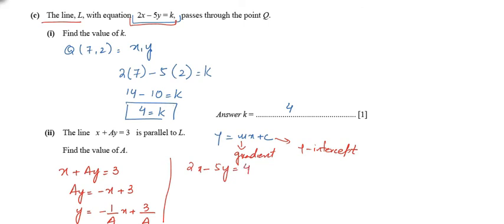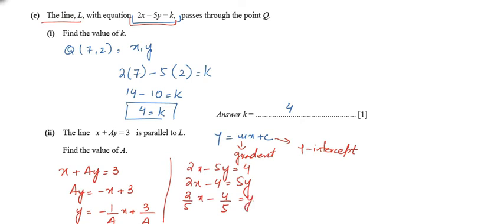Now we will convert this equation also into the form y is equal to mx plus c. If we keep y positive, it will be 2x minus 4 is equal to 5y. Now when we shift this 5 to the left hand side, it will be 2 upon 5 x minus 4 upon 5, which is equal to y.